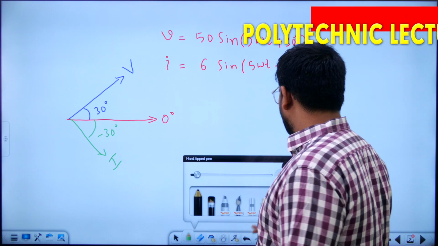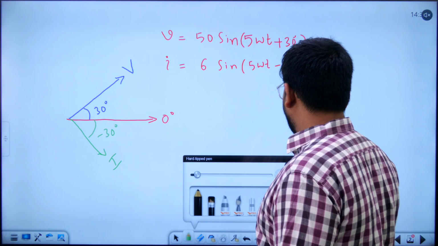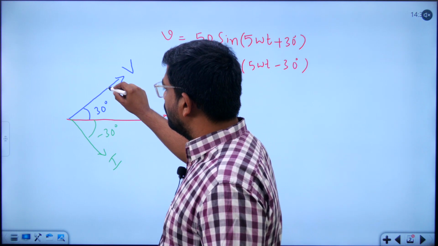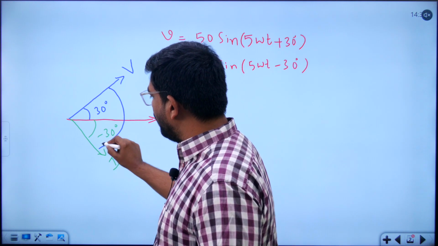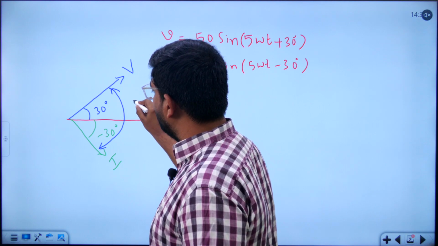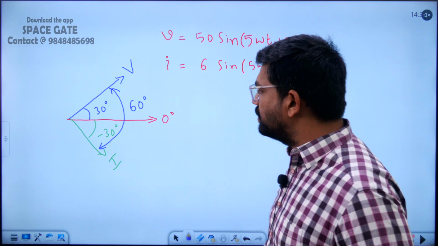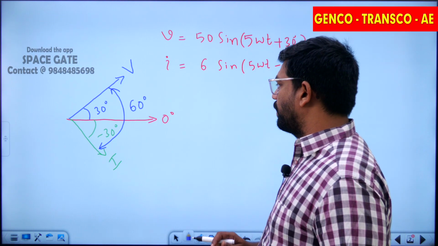Now focus on the phase angle between voltage and current. How much do we get? 30 plus 30. If you add, the total phase angle between the voltage and current for the fifth harmonic component is 60 degrees, right or not?